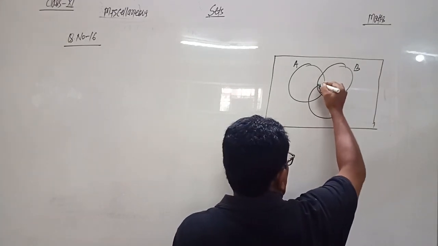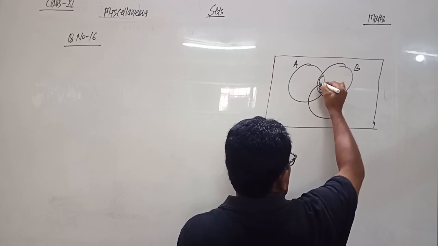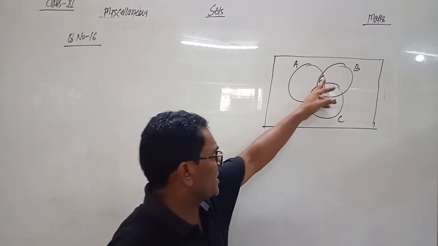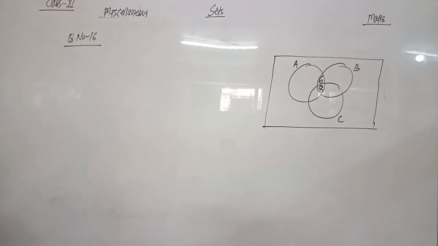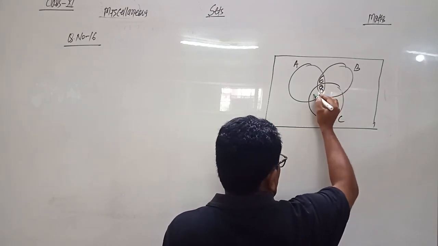So in A and B the common part is this and this becomes 8, so this will be 6. 8 plus 6, 14. 14 people like both product A and B. Then 12 people like product C and A. In C and A, the common part is this and 12 people.